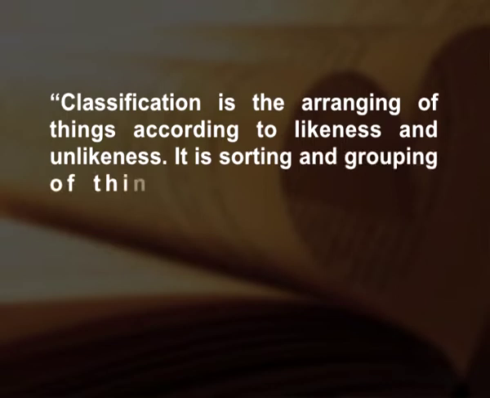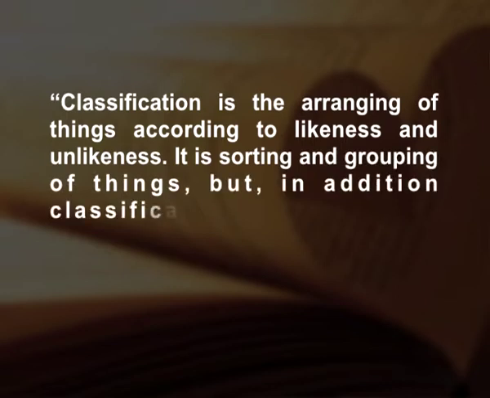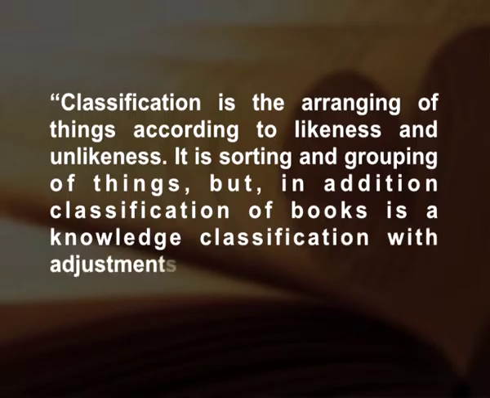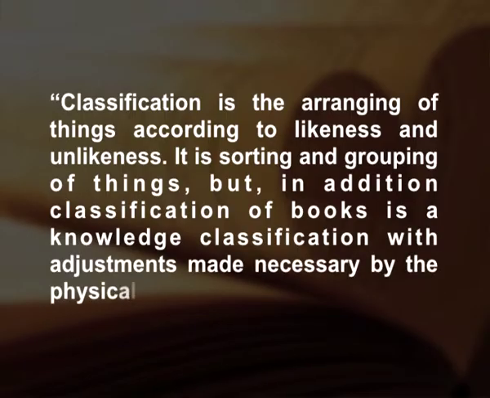It is sorting and grouping of things, but in addition, classification of books is a knowledge classification with adjustments made necessary by the physical form of books. In short, library classification is the process by which books are arranged on the shelves on the basis of their subject content. Books on the same subjects are brought together and books on different subjects are separated from each other.